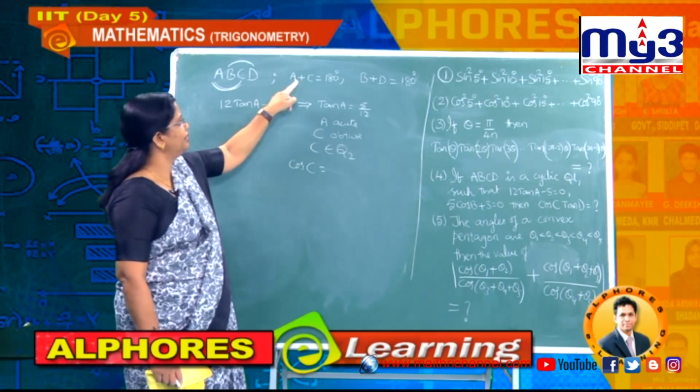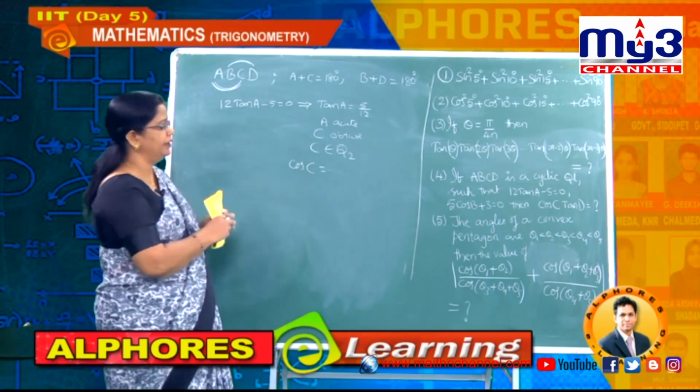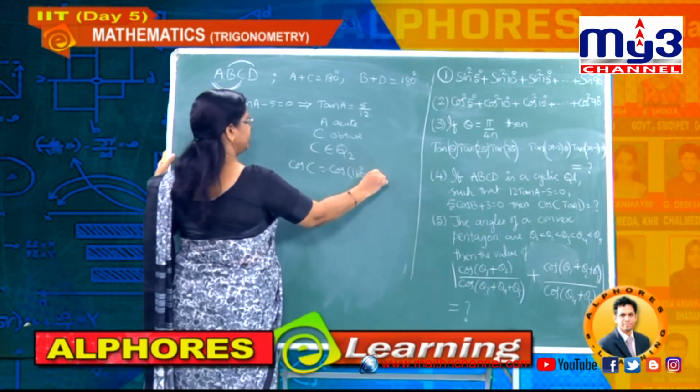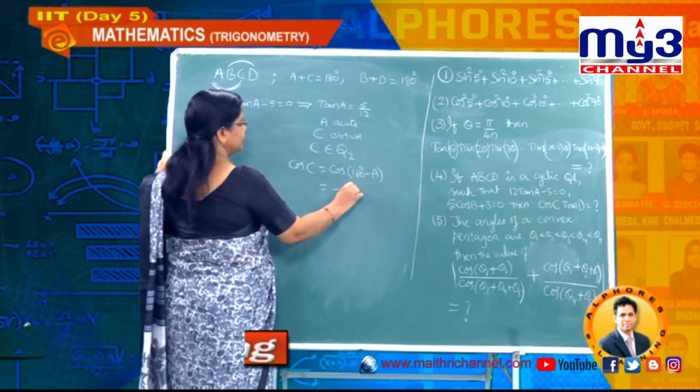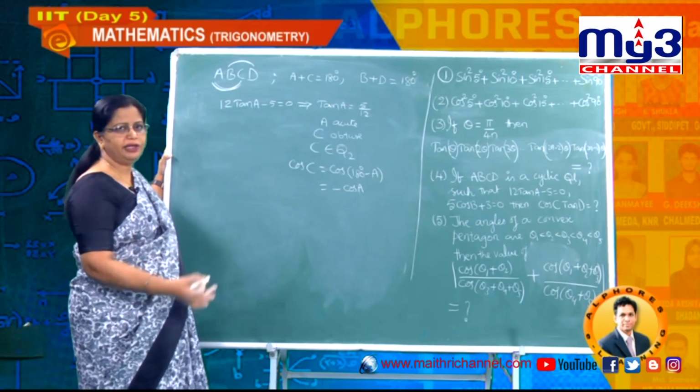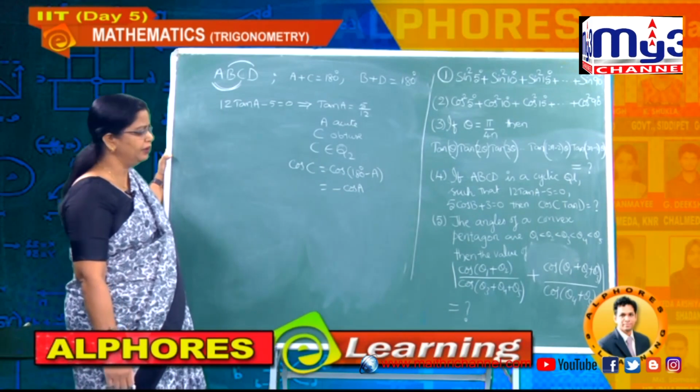C equals how much here? 180 minus A. So I am writing this as cos of 180 minus A, and this is minus cos A. First formula. Later while substituting we can think about what we have to write.